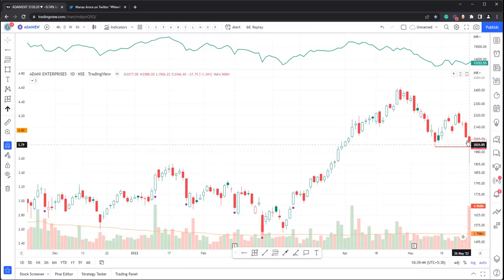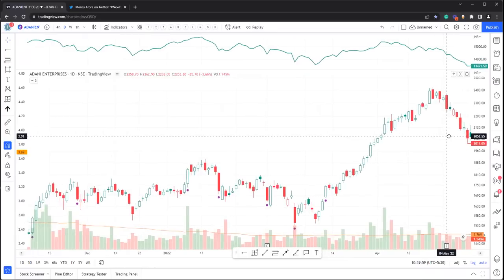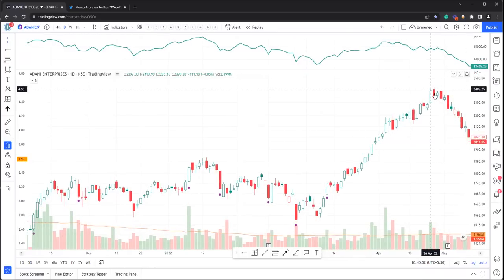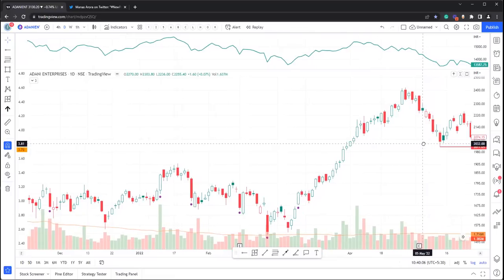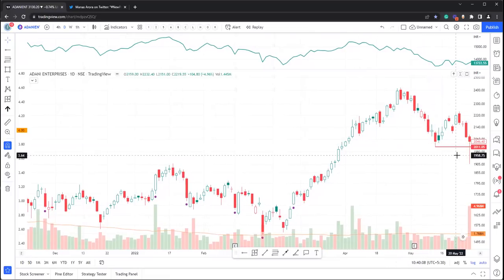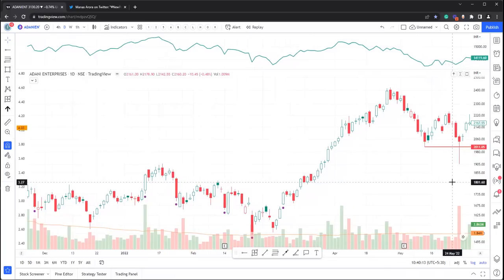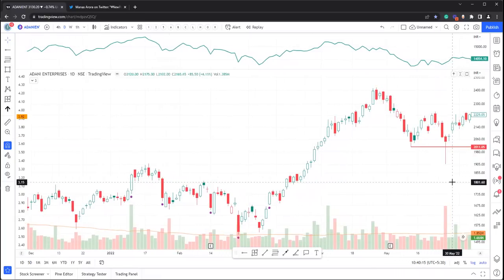Look at the size of the tail. In the morning on this day, this would have been a very negative day, but towards the closing, it closed really well. If the first good thing was that it corrected only 17%, the second good thing about this stock is that it just reset the base and a lot of weak hands are out. After this, it again started going up.